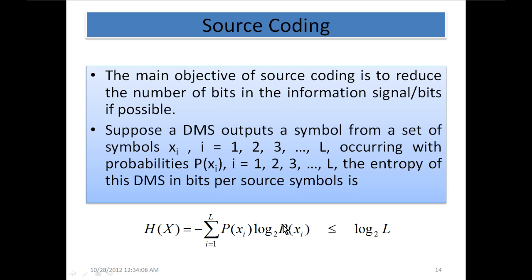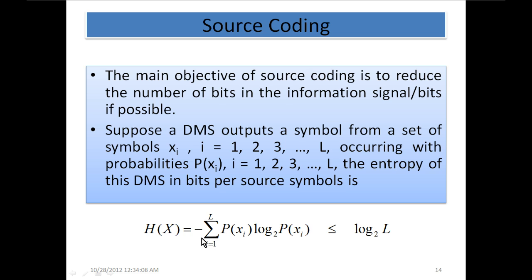Suppose a DMS, discrete memoryless source, outputs a symbol from a set of symbols xi, i equal to 1, 2, 3 to L, occurring with probabilities p of xi, i equal to 1, 2, 3 to L. The entropy of this DMS in bits per source symbol is H of X equals minus summation i equal to 1 to L of probability of xi multiplied by log base 2 probability of xi.